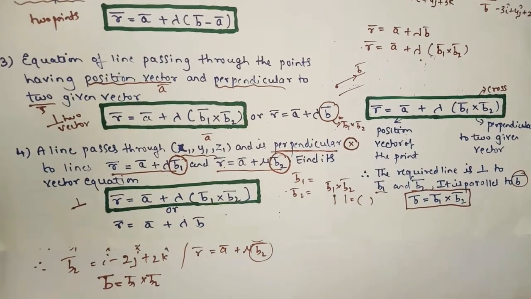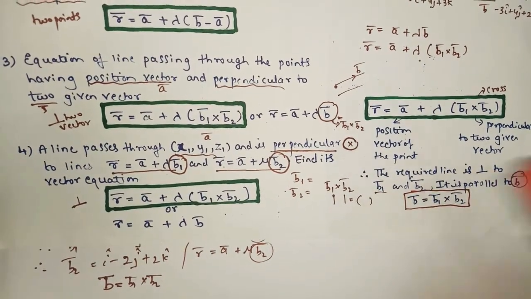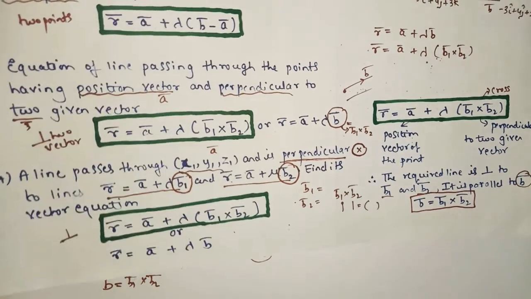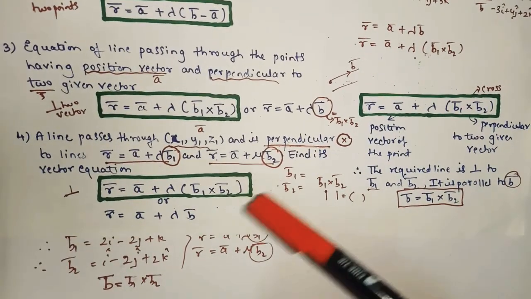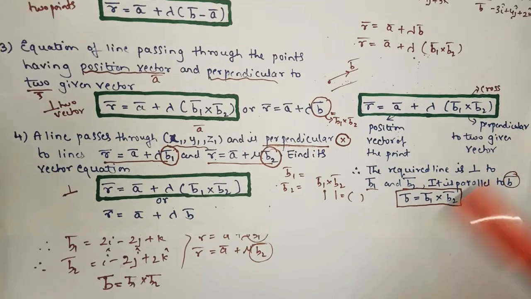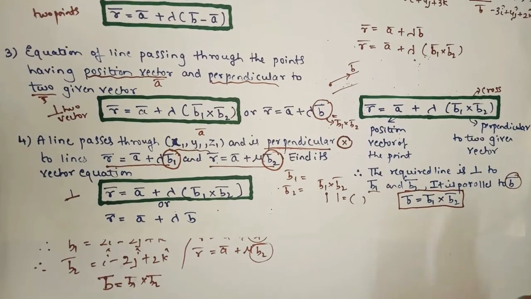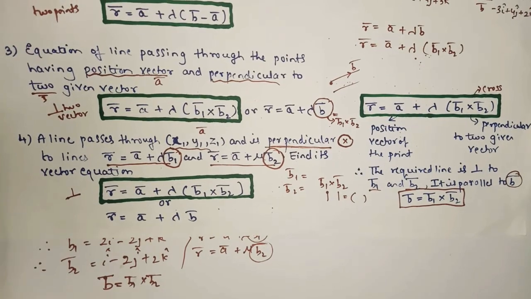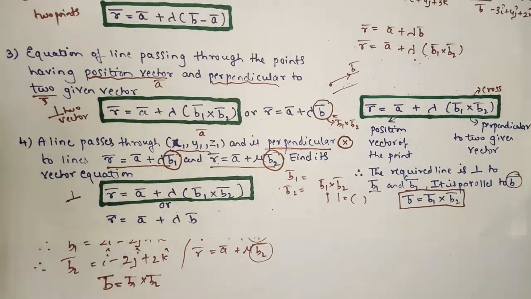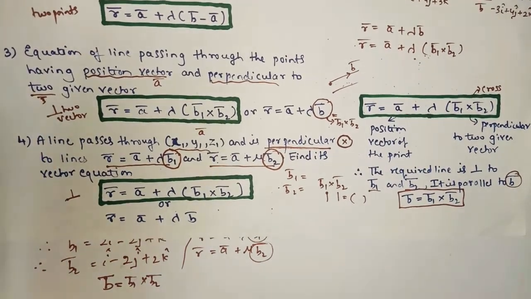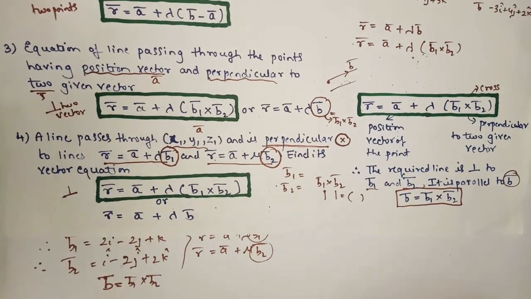From the diagrammatic form you will come to know that when these two are perpendicular, it is parallel to b bar only. As I told, just try to remember the formula and the statement. Don't go through the concept in the diagrammatic form, or you will end up with the complex part only.